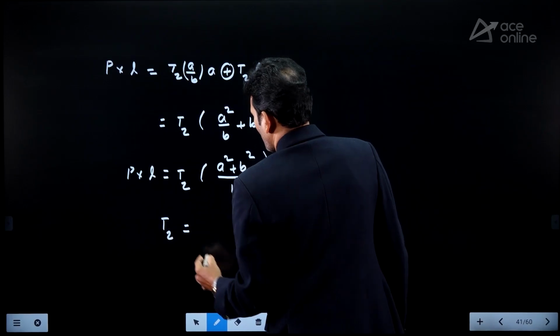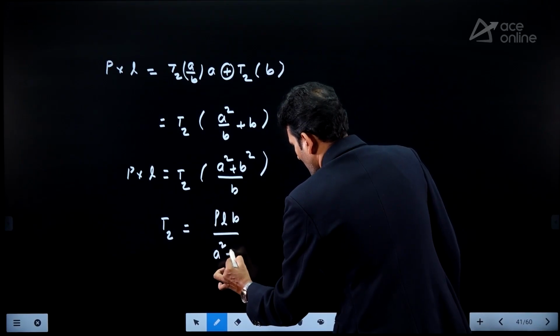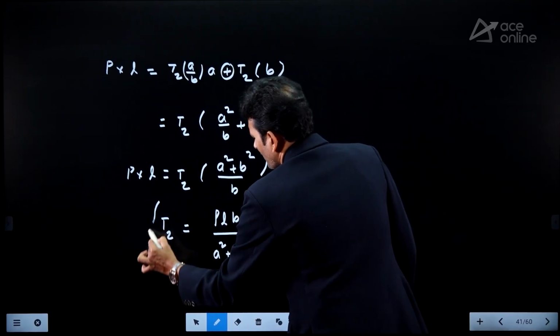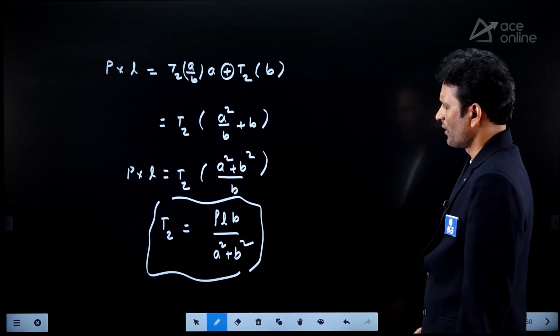T2 value, how much are we having? T2 equals PLB divided by A square plus B square.